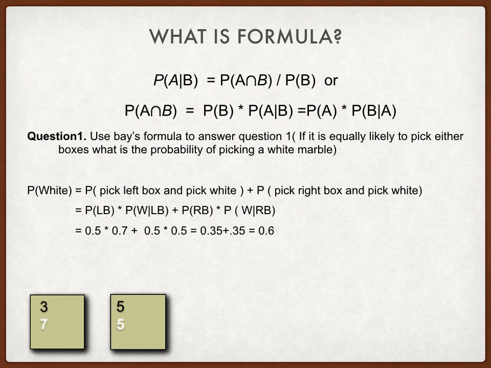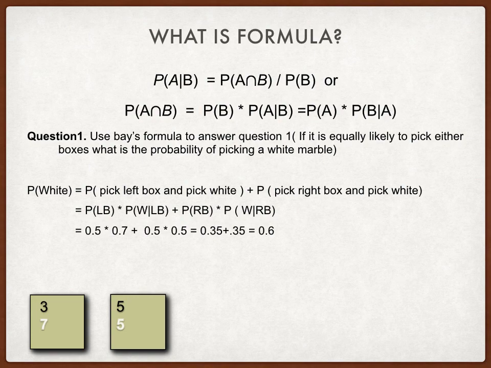Pick left box and pick white, plus probability of pick the right box and pick white. So probability of left box and a white is probability of left box multiplied by probability of a white given the left box, plus probability of right box being picked and probability of a white being picked given that we are dealing with the right box.